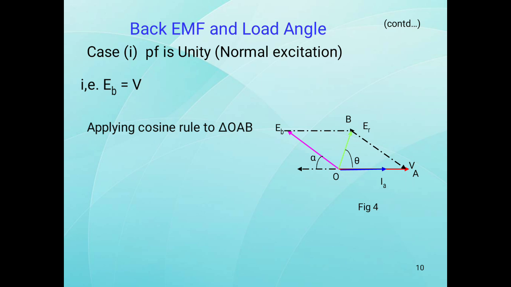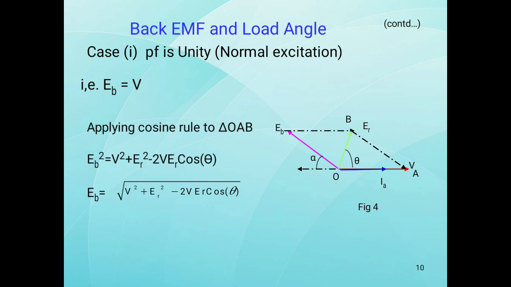Applying the cosine rule to triangle OAB, EB square is equal to V square plus ER square minus 2 V ER cos theta. So EB is equal to under root of V square plus ER square minus 2 V ER cos theta.